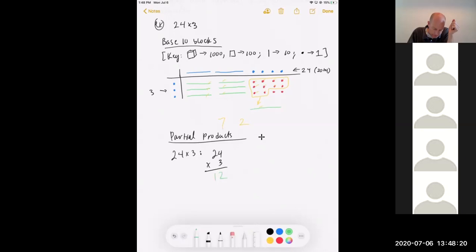Then we'll use red, and we'll do 20 times 3. I've already taken care of the 4 times 3 right here, but then when we go here, we do 20 times 3 is what we're actually doing. And 20 times 3 is 60. So this one right here, again, to recap, is 4 times 3.